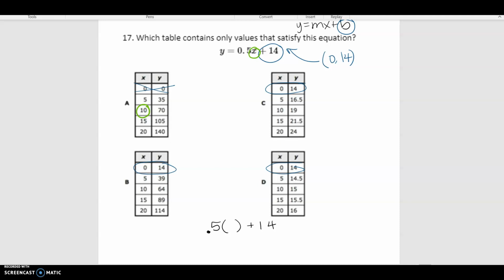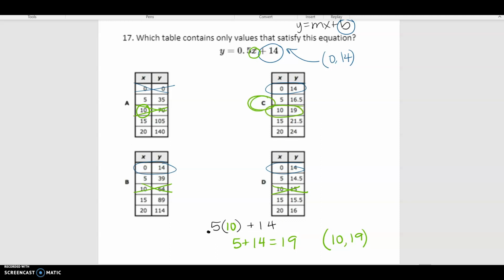So 0.5 is 1/2, right? 1/2 of 10 is 5. 5 plus 14 is 19. So let's see, this has 10, 15, so no, because I'm looking for 10 is my x and 19 is my y, right? 10, 64, no. 10, 70, no, I already eliminated that. 10, 19, that looks good.